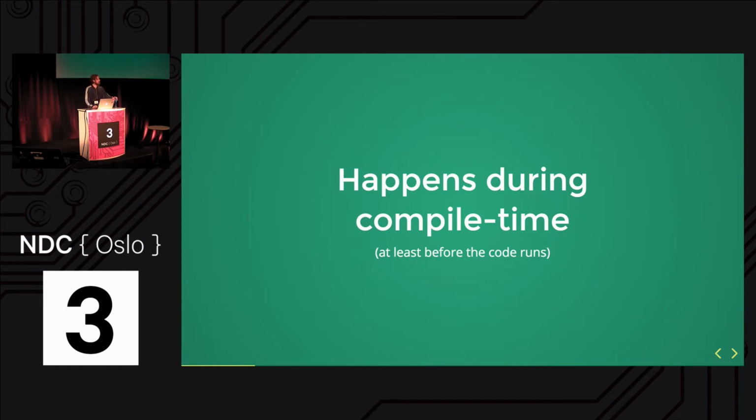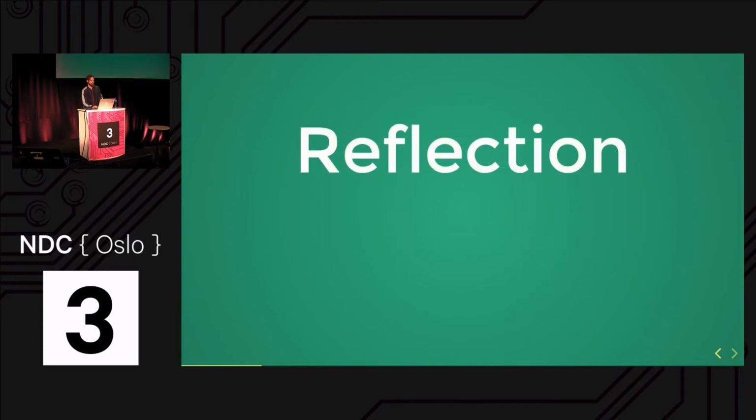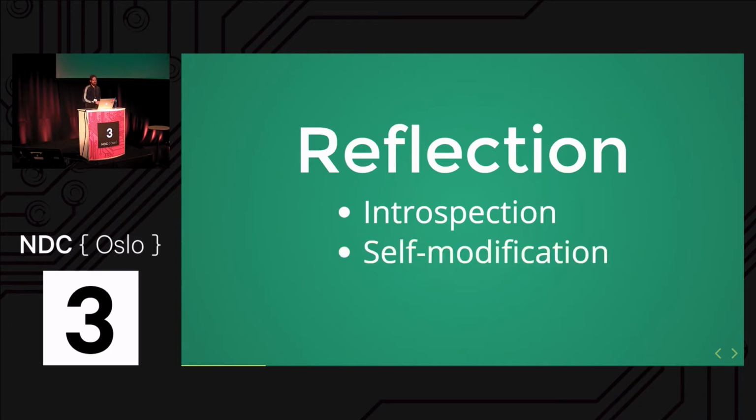So the other part of metaprogramming, another branch, is called reflection. And reflection has some sub-branches. One of them is introspection, meaning that code is able to inspect itself. Self-modification, which is pretty self-explanatory, meaning that there's code that can change itself.